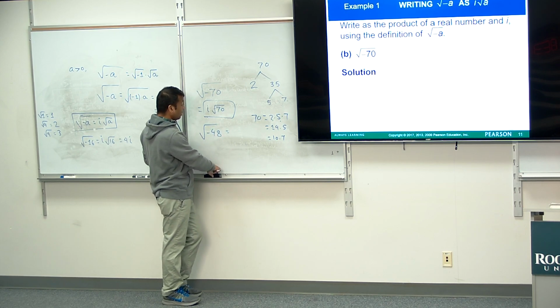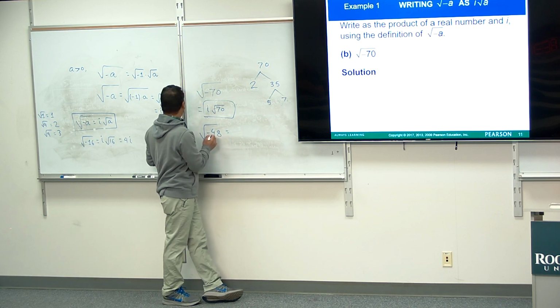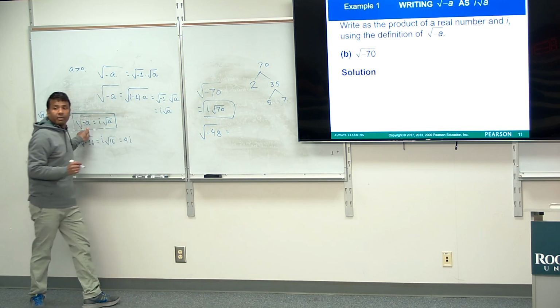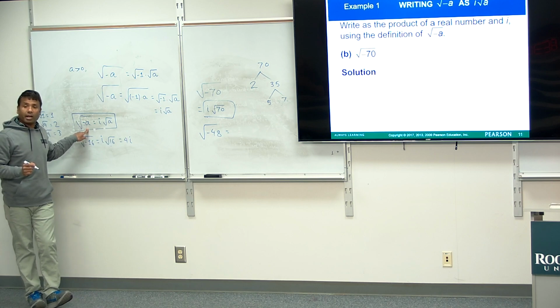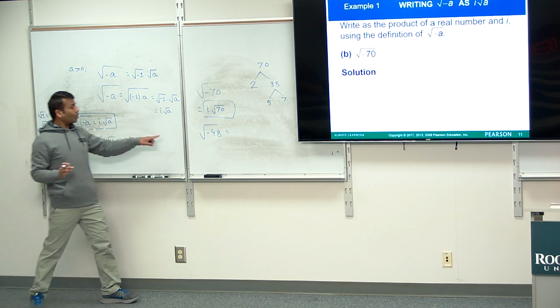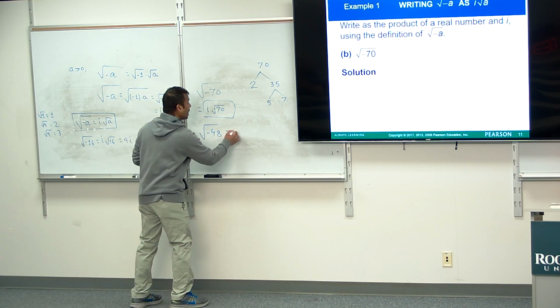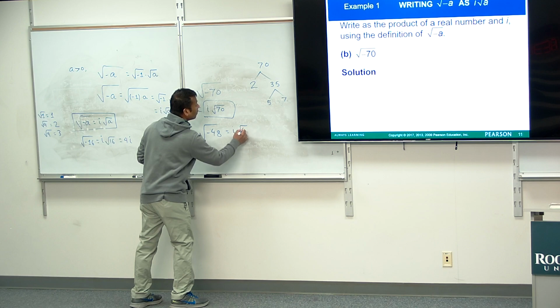So now, look here. The radical of negative 48. Use this definition, okay? What is the radical of negative a? i radical a. So what will this be? Exactly, i radical 48.